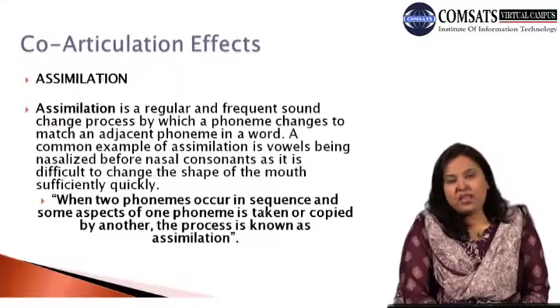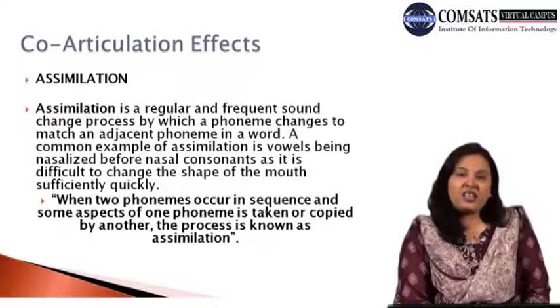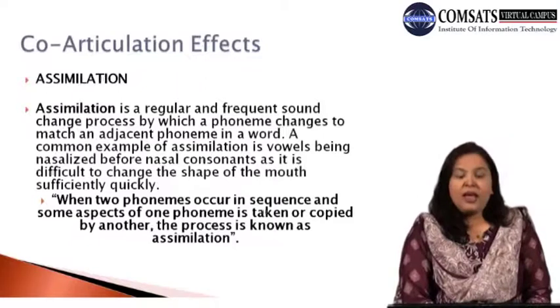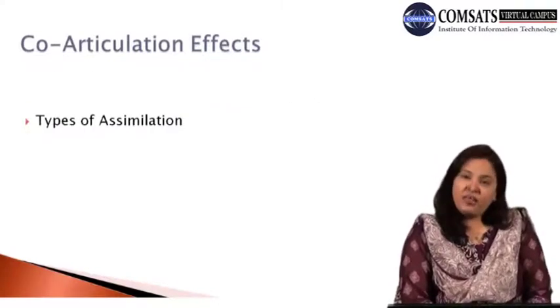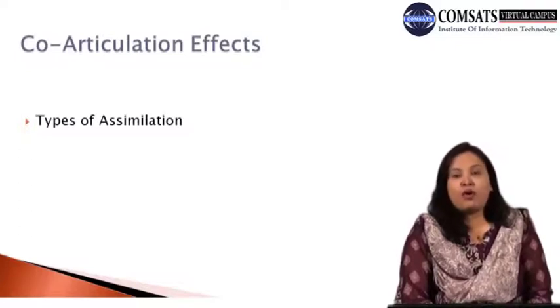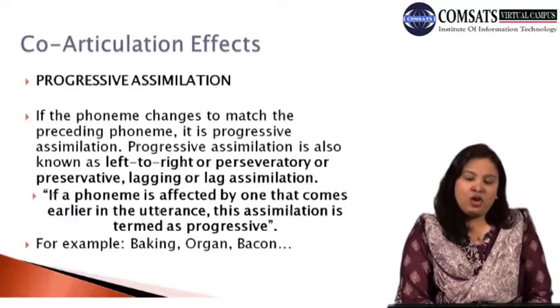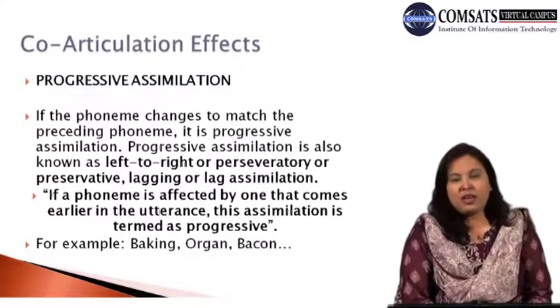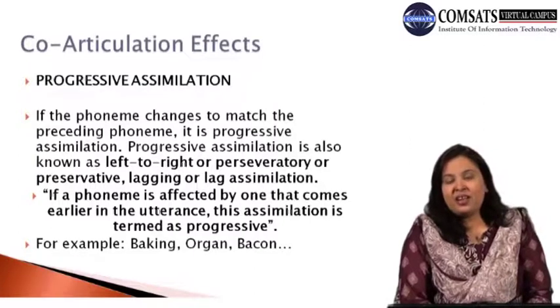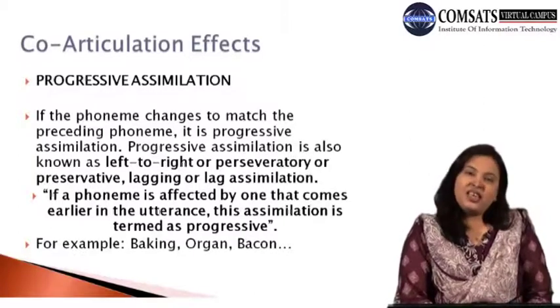The first type of assimilation is progressive assimilation. If a phoneme changes to match the preceding phoneme, it is progressive assimilation. Now progressive assimilation has so many names. Some people call it left to right assimilation or perseveratory effect. Some people call it lag assimilation, because one phoneme is following the preceding phoneme.